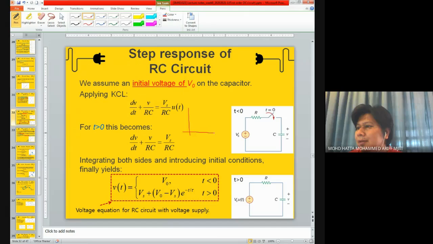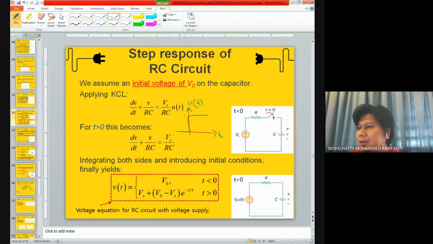This is known as u of t, where this is t and the vertical axis is u of t.